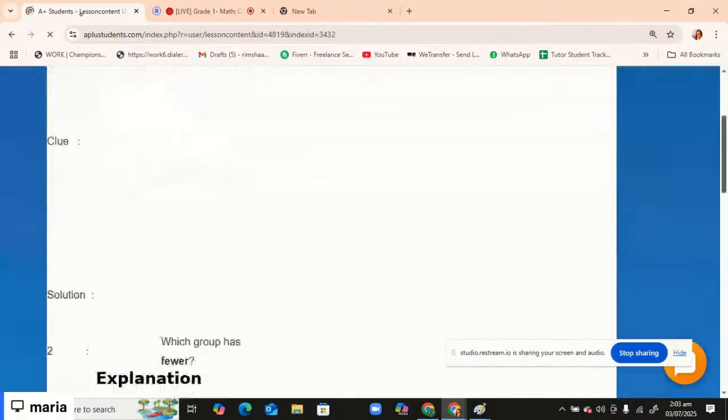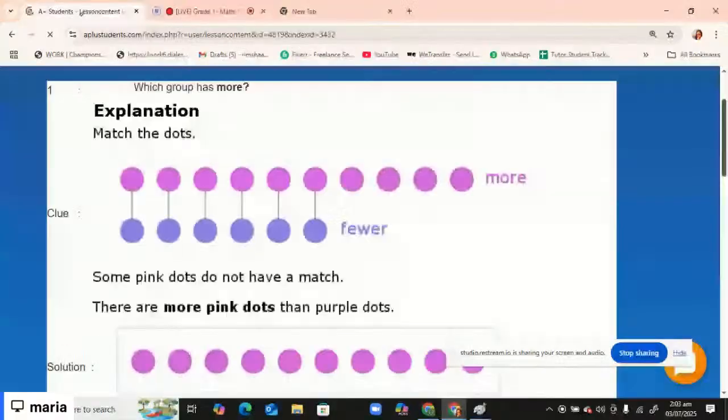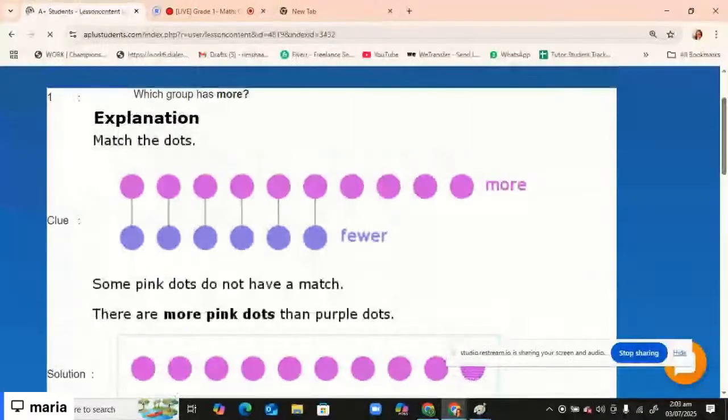So here we are just going to compare some numbers. Okay, so let's check it out. Which group has more and which group has less?